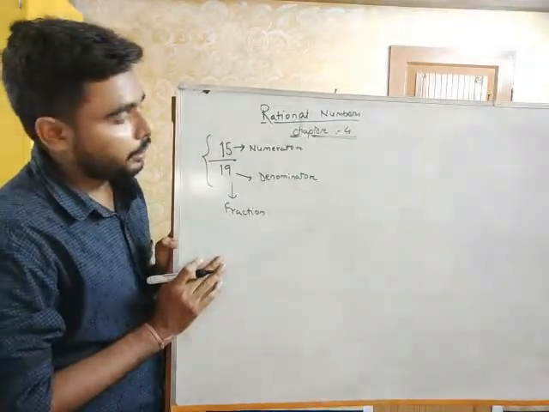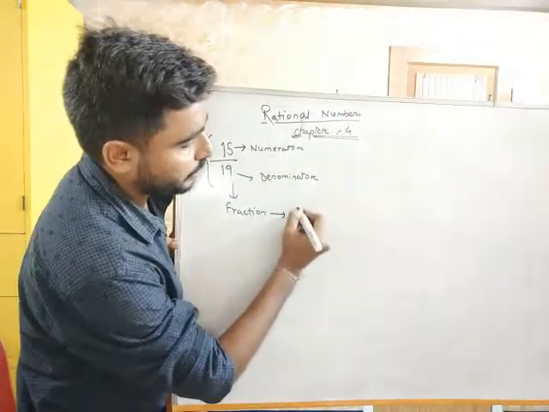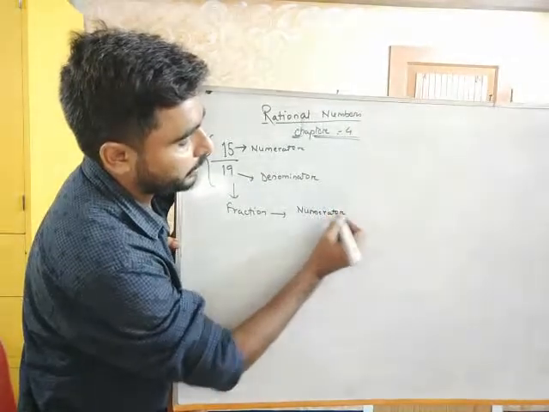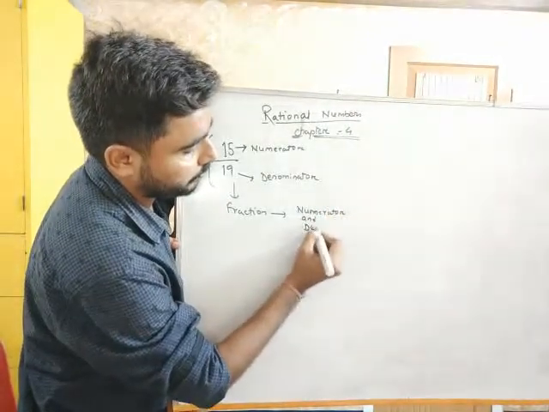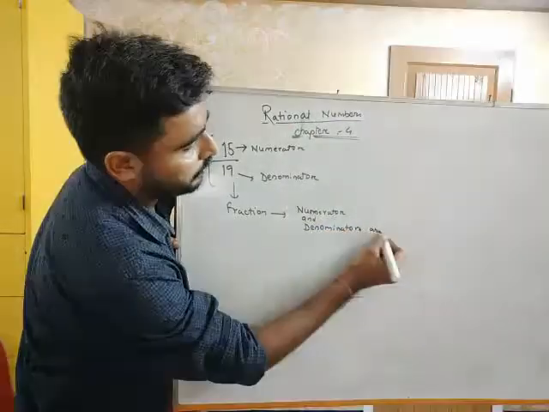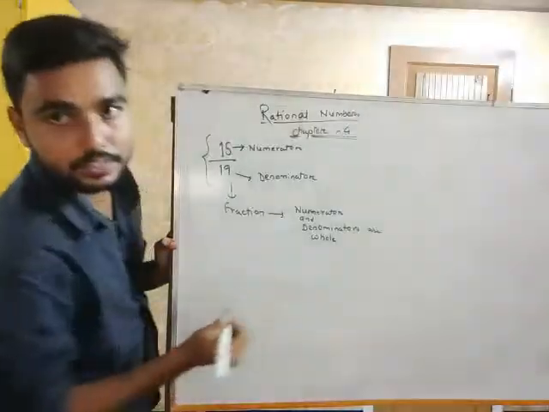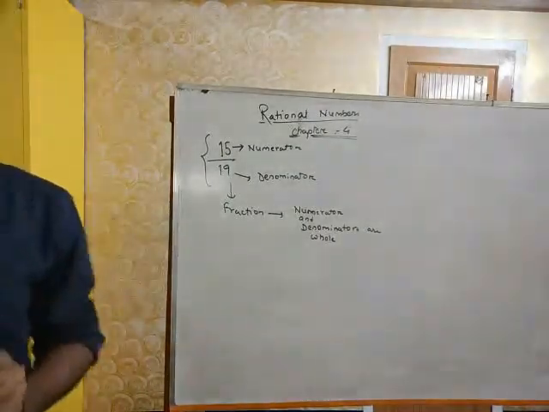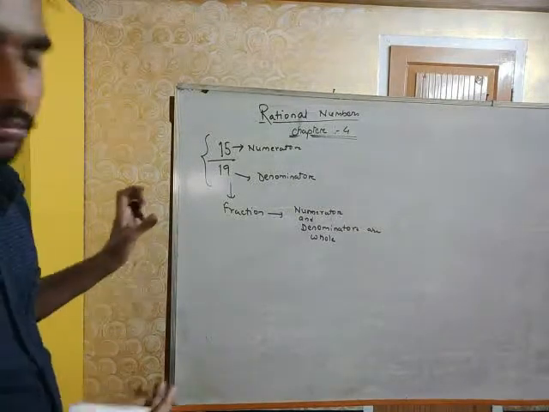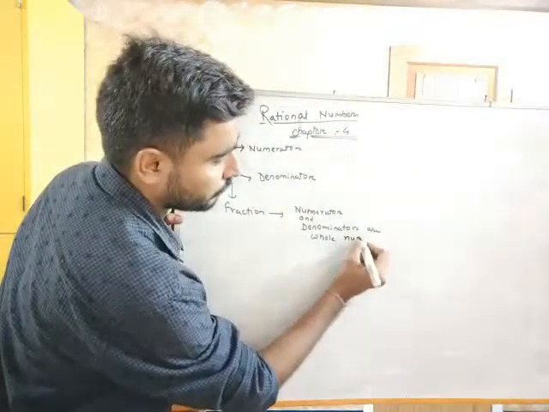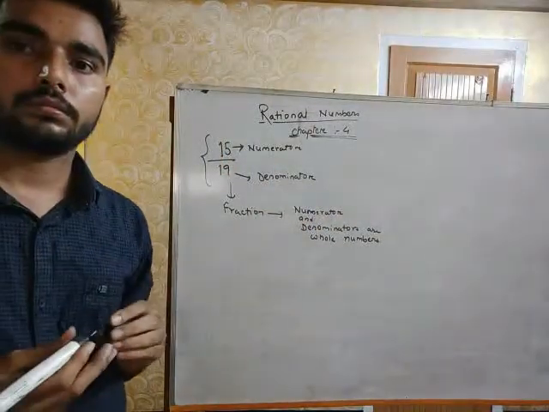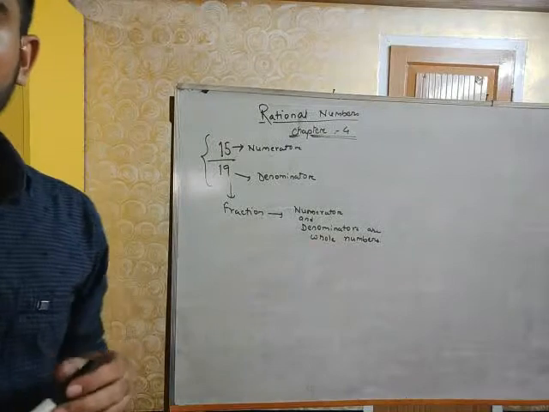Why a rational number? Because for fractions, the numerator and denominator are whole numbers, isn't it? We have discussed it earlier.